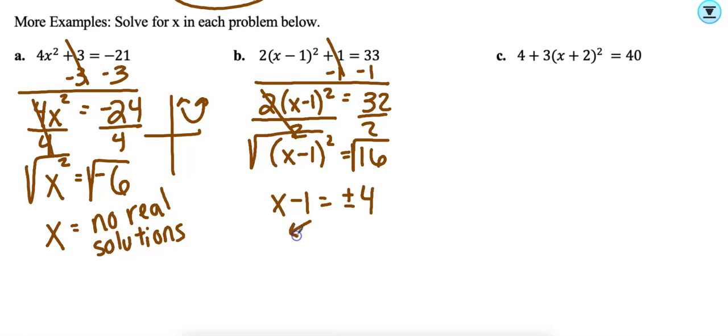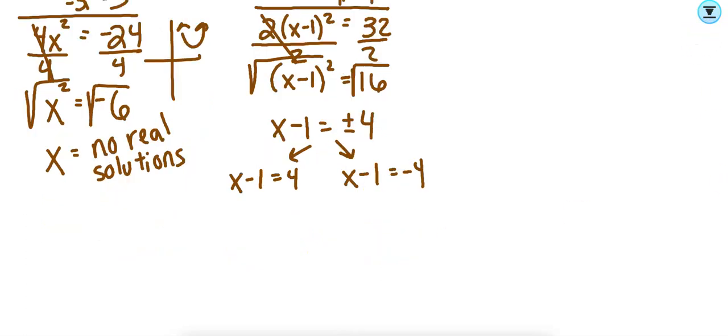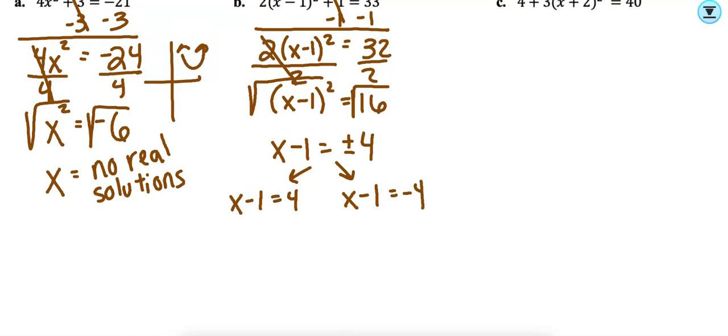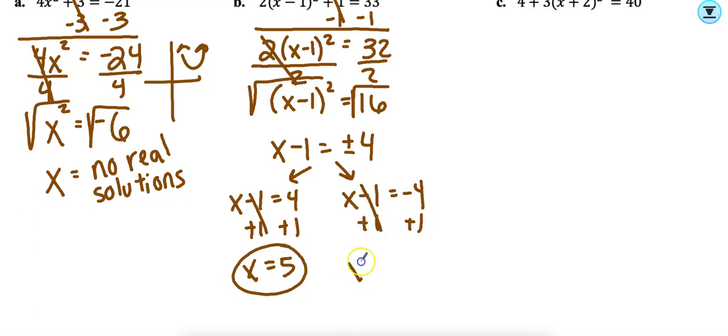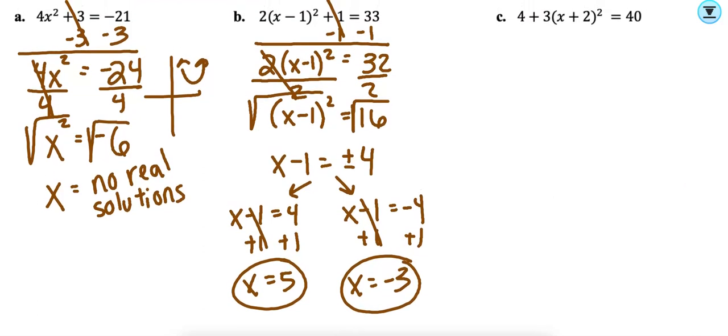The first one is x minus 1 equals positive 4. The second one is x minus 1 equals negative 4, because I have to check the positive 4 and the negative 4. So I'm going to solve two equations, plus 1 on both sides. So x equals 5. Plus 1 on both sides, x equals negative 3. Those are my two answers by square rooting.